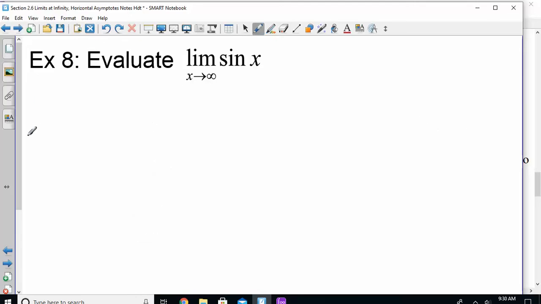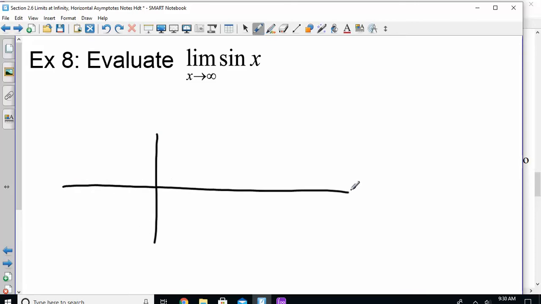Last problem for today. Limit as x approaches infinity of sine x. We've graphed sine. We did that at the very beginning. Remember that trig handout I gave you and said you might want to keep this handy, put it in front of your binder. What's the graph of sine look like? Yeah, just that nice wave.